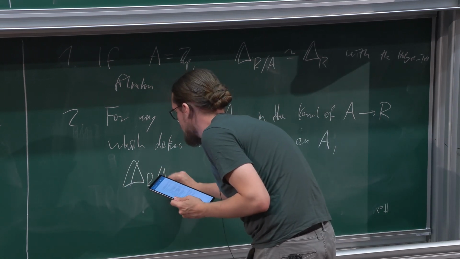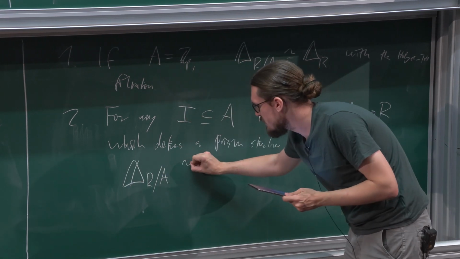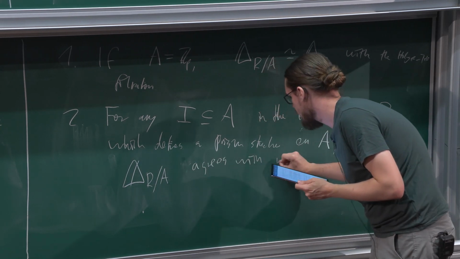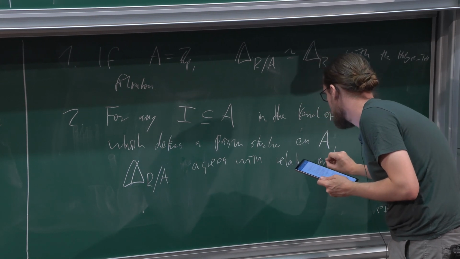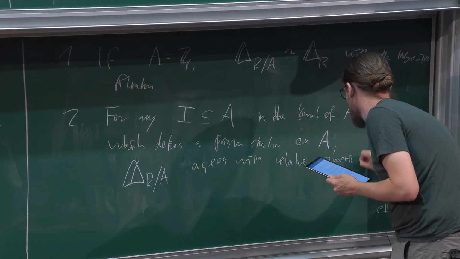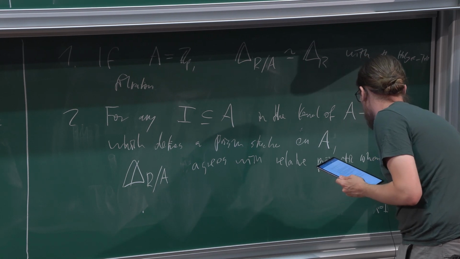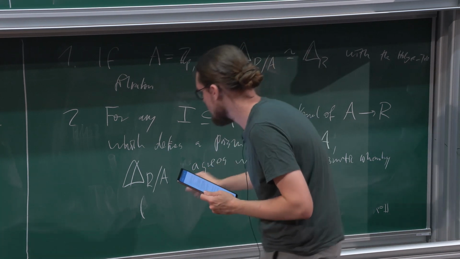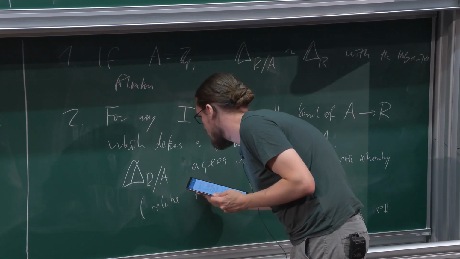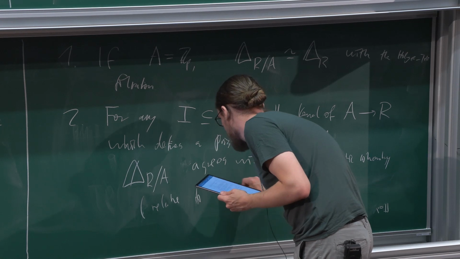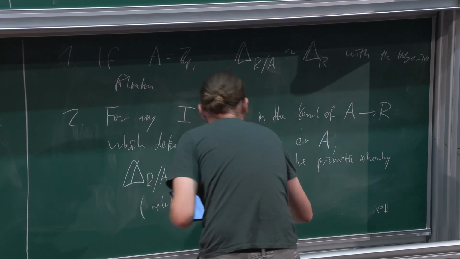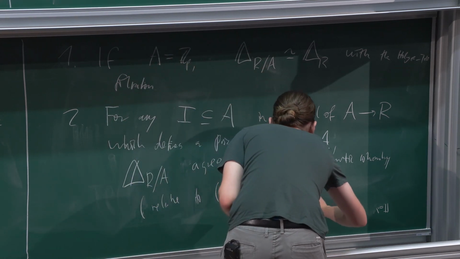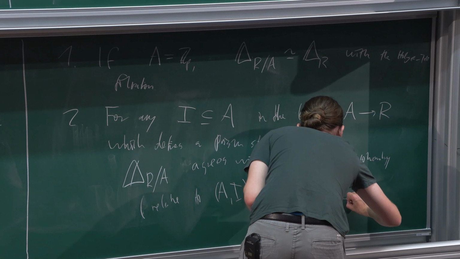In that case, the prismatic cohomology relative to delta rings agrees with relative prismatic cohomology, in the sense of Bhatt–Scholze, so relative to the prism (A, I). And in that case, the filtration, this Hodge–Tate filtration, is the I-adic filtration.